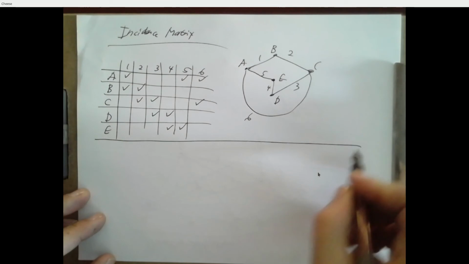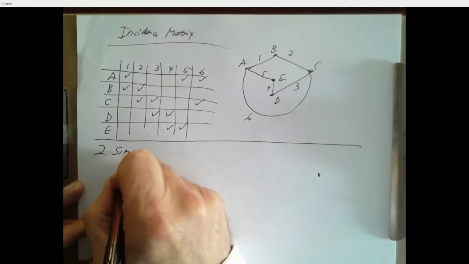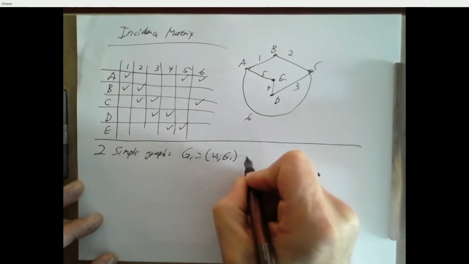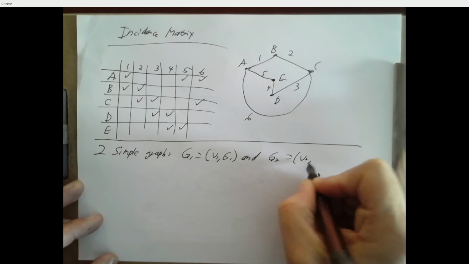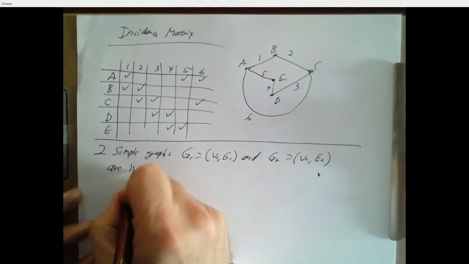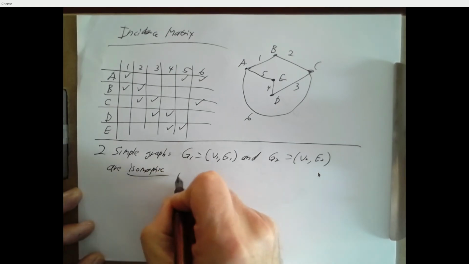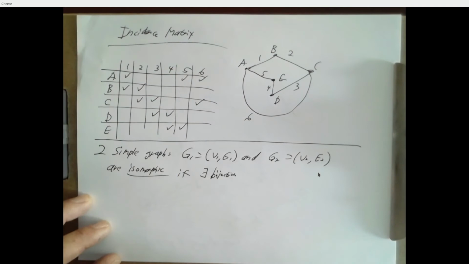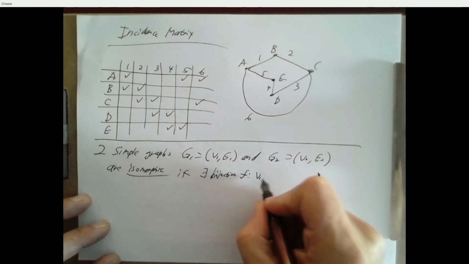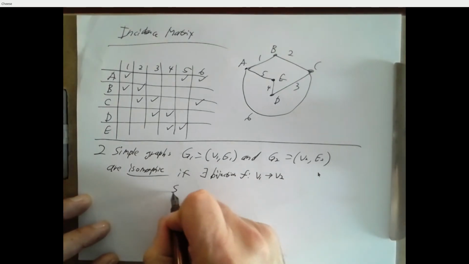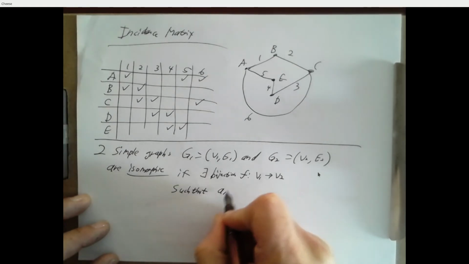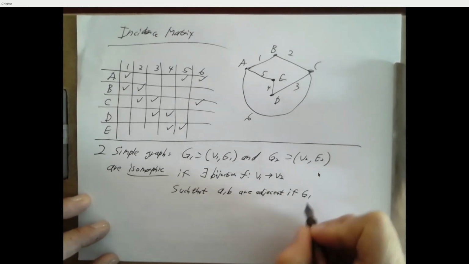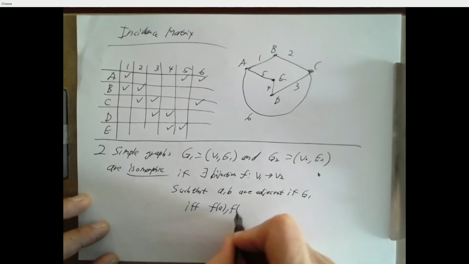Okay, so let me leave you with a final definition. Two simple graphs, G1, which is V1, E1, and G2, V2, E2, are isomorphic if there exists a bijective map, that's a 1-to-1 onto map, from V1 to V2 such that A and B are adjacent in G1 if and only if f(A), f(B) are adjacent in G2.